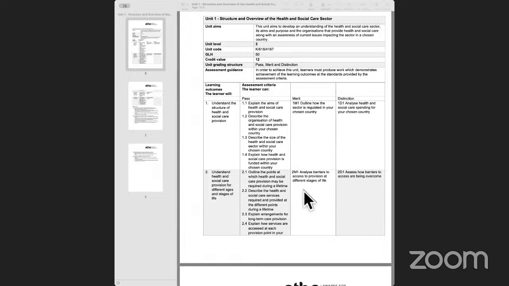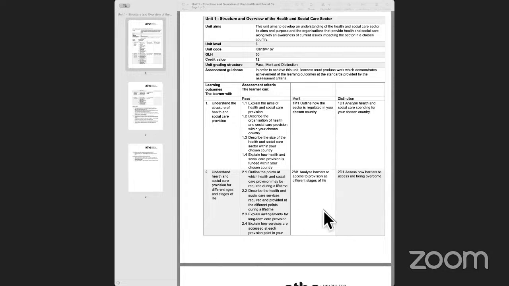So here we're going to be looking at what support you get when you're a child, when you're a teenager, when you're an adult, when you're in your working life, and then at some stage when you retire and become a senior citizen or elderly, what kind of support do you get.